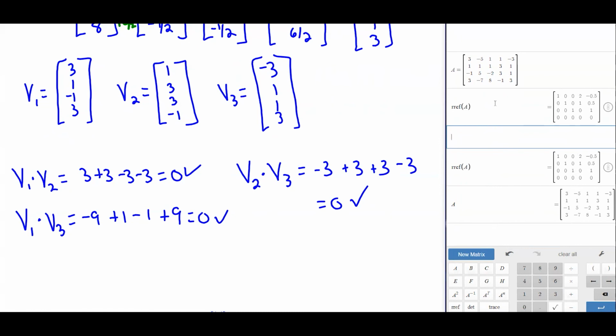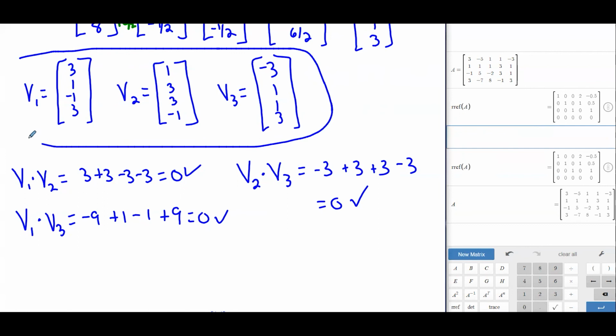When we row reduce A and I'm augmenting here, you can see I don't get any no solutions, right? There are no solutions here. That means both v2 and v3 are in the column space, right? So if they're in the column space and they're orthogonal and they're linearly independent, they make an orthogonal basis. If I want to make them orthonormal, I can normalize them by dividing by each magnitude, right, and make them unit vectors.